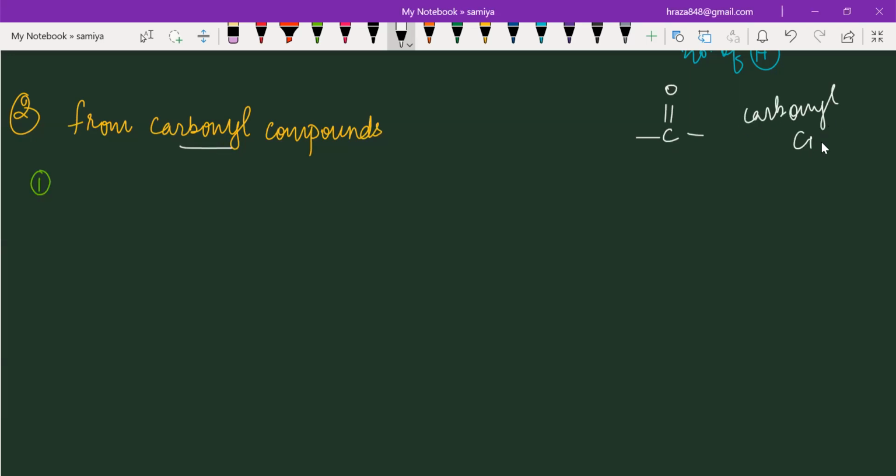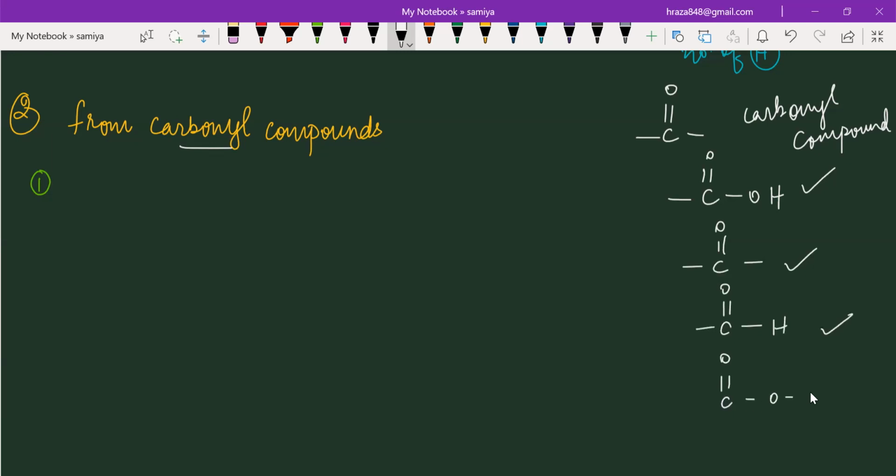As for example, you have seen carboxylic acid, C double bond OH. This is a carbonyl compound. Ketone you have seen, this is also a carbonyl compound. Aldehyde you have seen, this is also a carbonyl compound. You have seen ester, that is also a carbonyl compound.